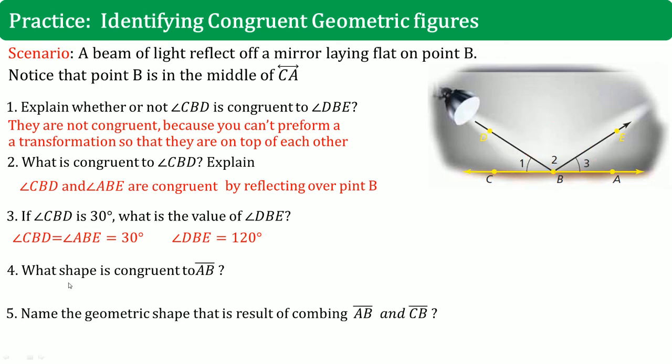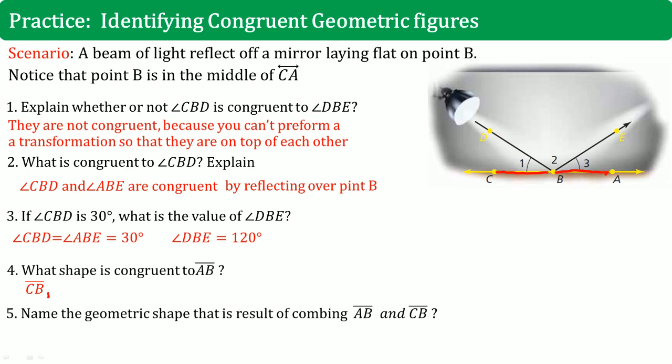Okay, next, let's take a look at number 4. What shape is congruent to line segment AB? Well, we would say that CB is congruent to line segment AB. The reason why is by what?